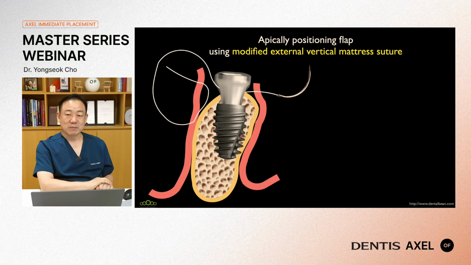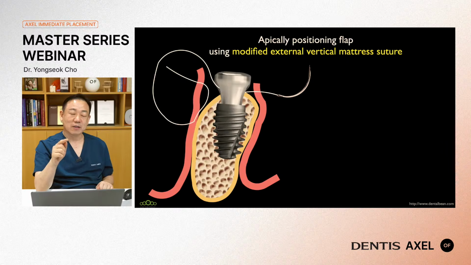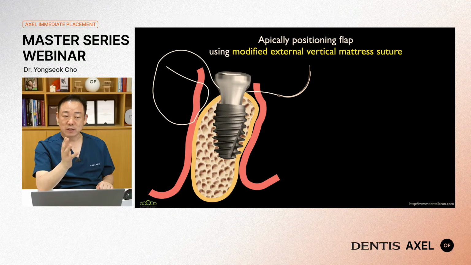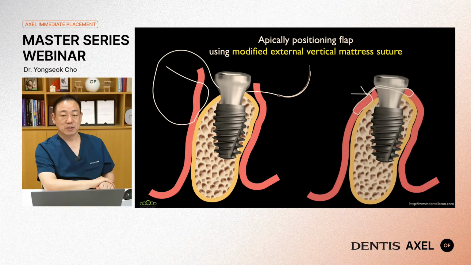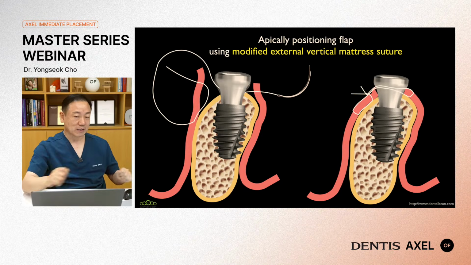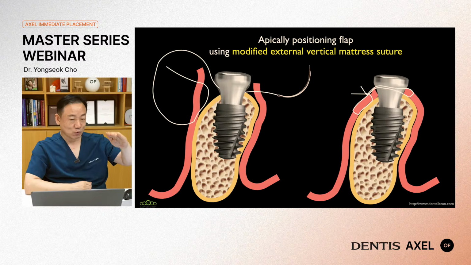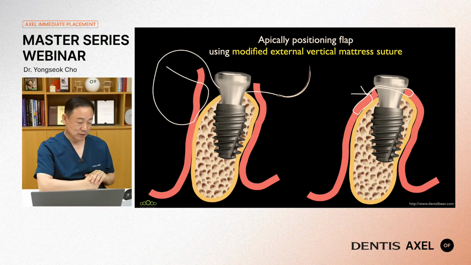Original external vertical mattress suture means we must pass the lingual flap same as the buccal side, but no need in an implant surgery case, so it is a modified external vertical mattress suture. Then when you make a knot, the buccal flap will go downward and be apically positioned. Okay.